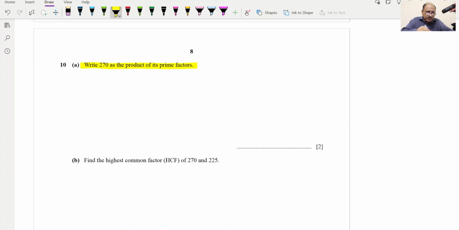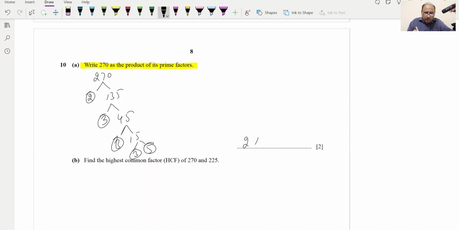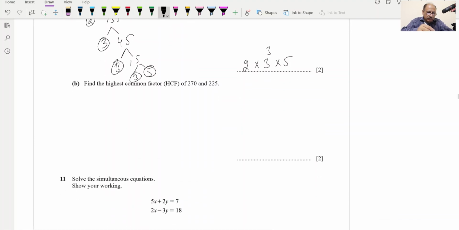So for prime factors, we can draw a factor tree. 270 can be split into 2 and 135, and then 135 divided by 2, it's not divisible by 2, so divided by 3 it will be 45, and then again by 3 it will be 15, and then again by 3 this will be 5 and 3, and we can write the answer as 2 multiplied by 3 raised to 3 into 5. This will be the prime factors of 270. This was a 2 mark question.